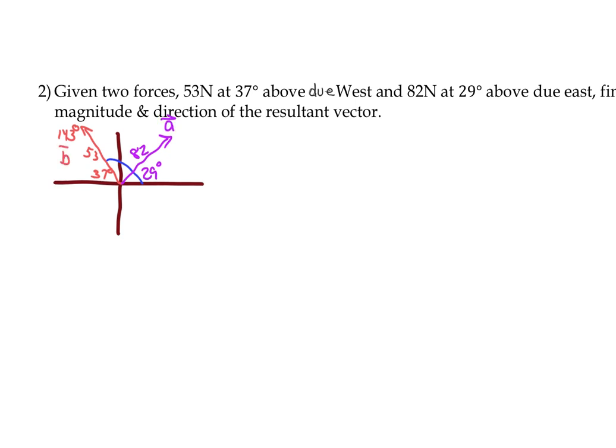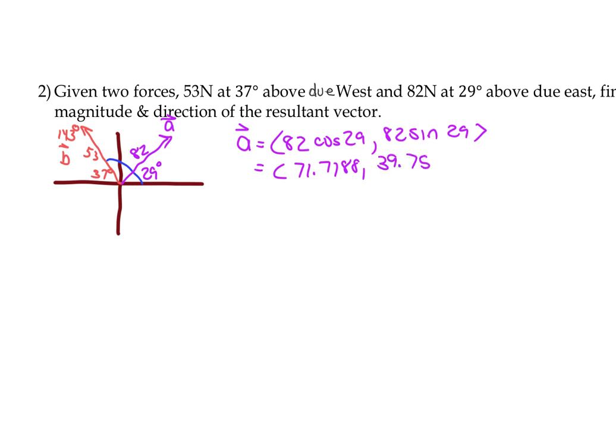And we'll call this one vector B. So we're first going to find the components of vector A. And that is going to be the magnitude, cosine for x, 29 degrees, magnitude, sine for y, and the degrees. Put this in our calculator, and this is 71.7188 and 39.7544. So those are the components for A.